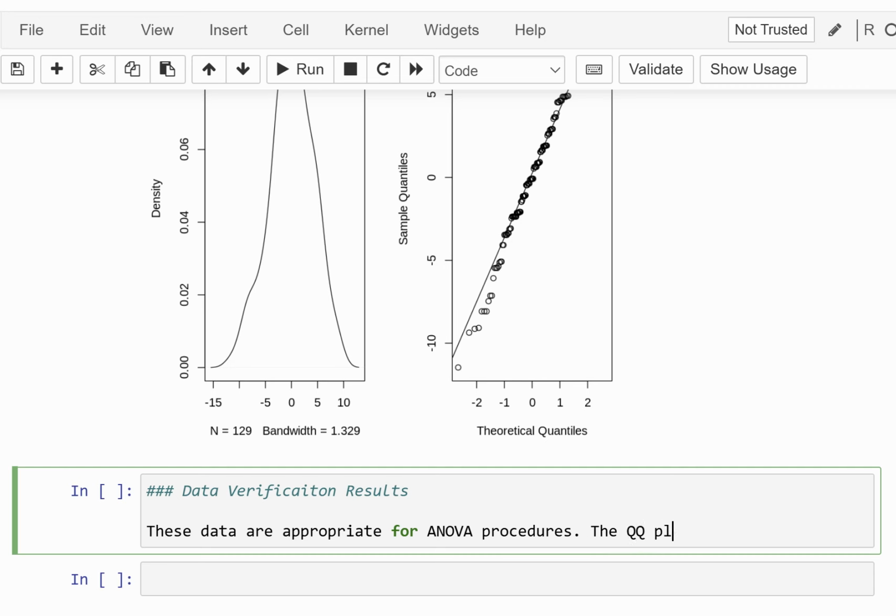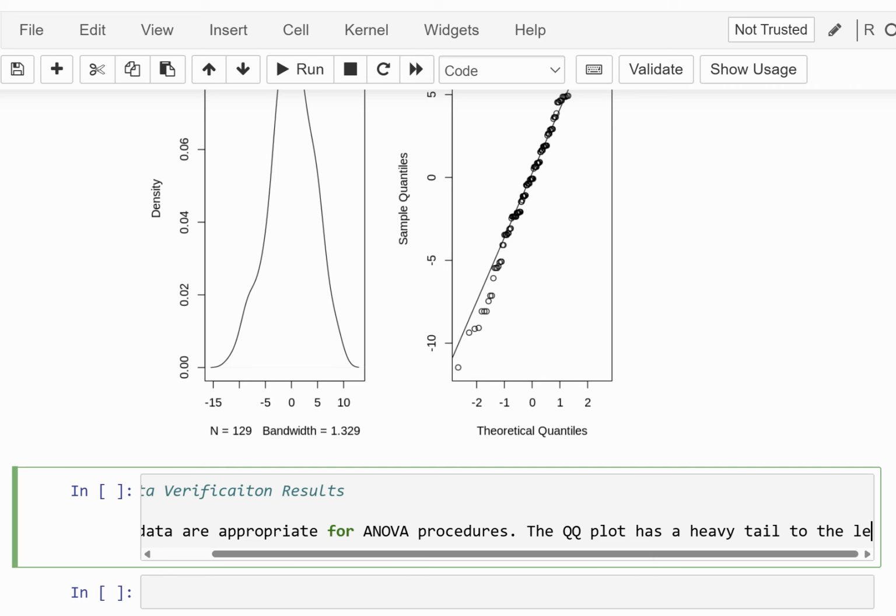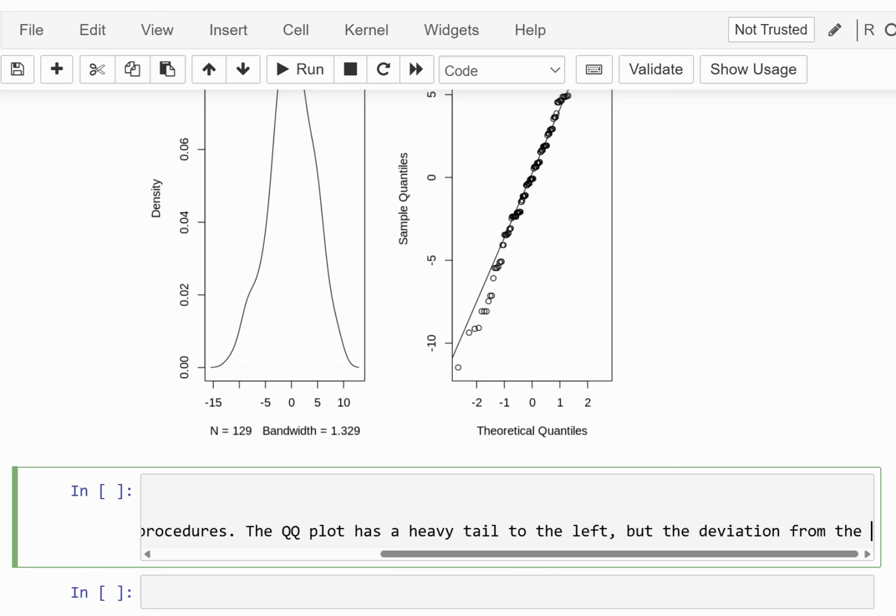The QQ plot has a heavy tail to the left, but the deviation from the line is not too great, right?